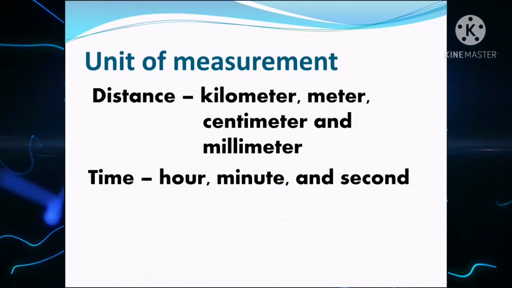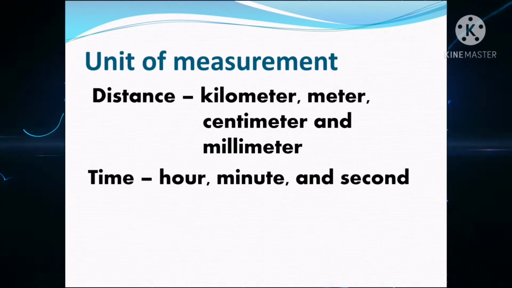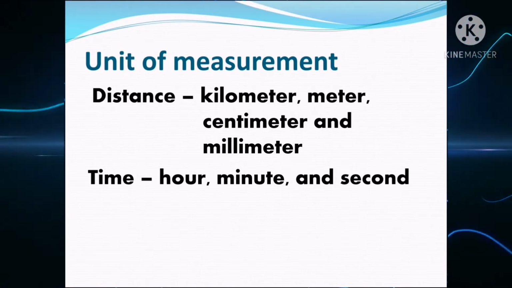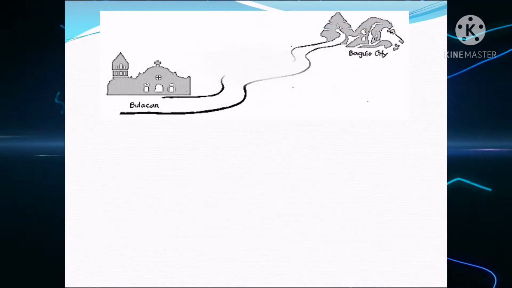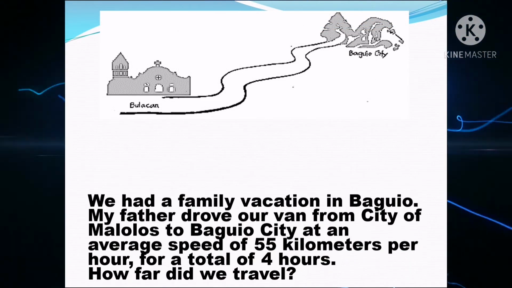Time can be measured by hour, minute, and second. Next, we have the unit of measurement for speed. For speed, we can say kilometer per hour, meter per second, etc.